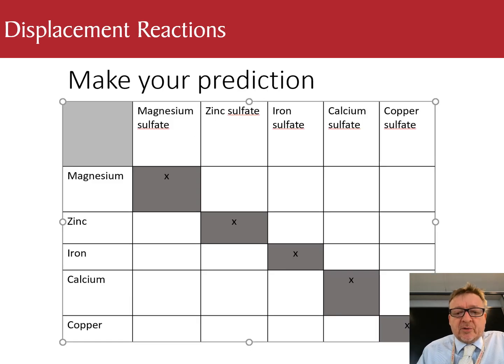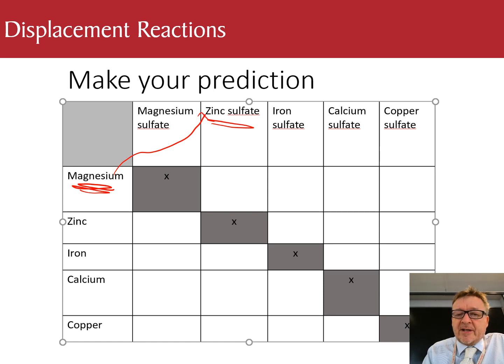There's also something called a displacement reaction, which uses that reactivity series. It's saying, is there going to be a reaction? And it's all based on which metals are the most reactive. I'm not going to fill this whole thing in, but if I react magnesium metal with zinc sulfate, there's a fight between the magnesium and the zinc.